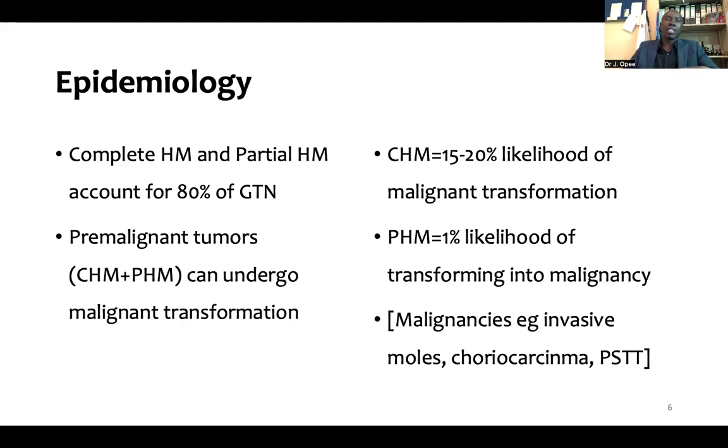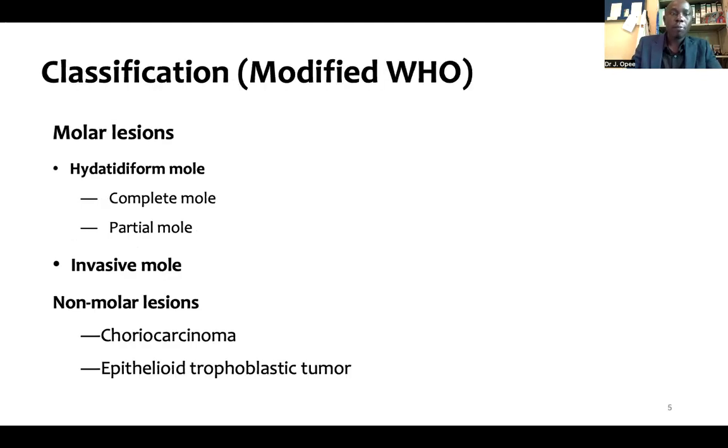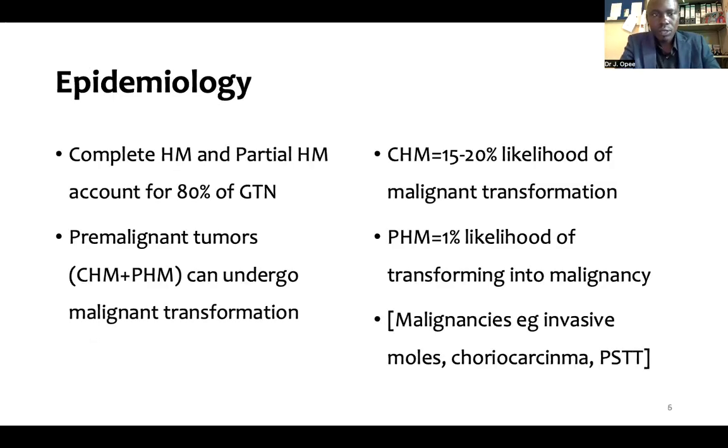The molar lesions called hydatidiform mole, which is complete and partial, constitute about 80% of the cases of gestational trophoblastic disease. And these are the ones that sometimes progress. Not all the time, but sometimes progress.